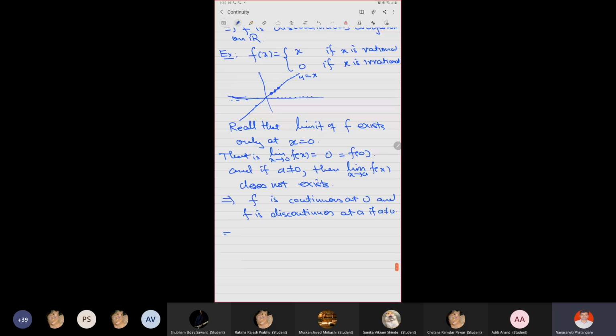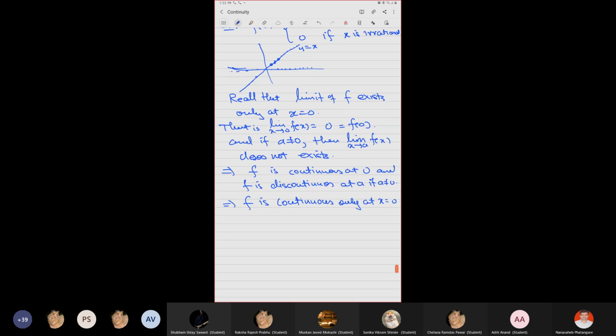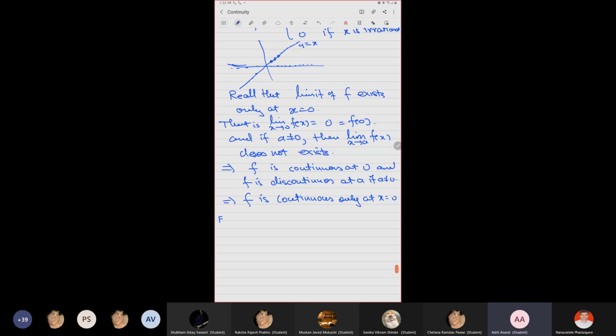That is, this function is continuous only at x equal to 0. So this is a function which is continuous at exactly one point. Right? It is very strange and we cannot easily see how a function can be continuous at exactly one point. But it is possible. Is it clear? Yes, sir.